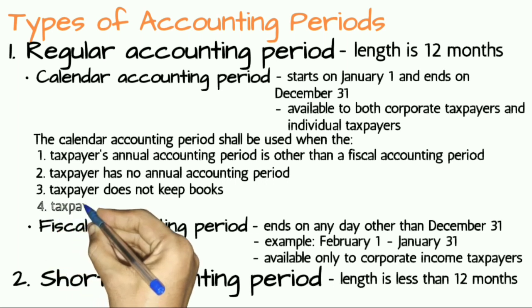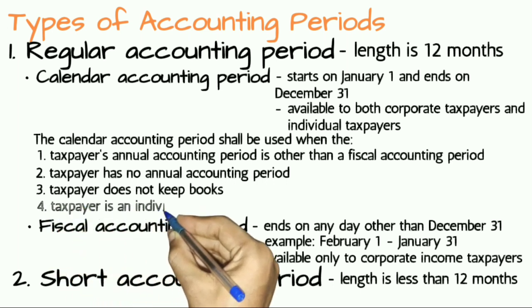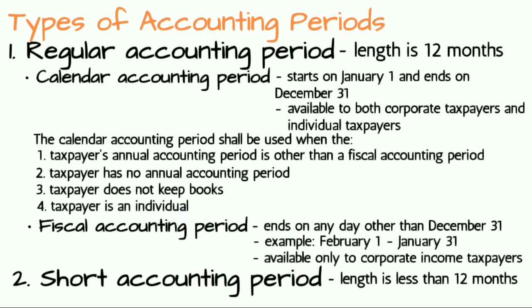And fourth, the taxpayer is an individual. Hindi kasi pwedeng gumamit ng fiscal accounting period ang isang individual income taxpayer. Ang fiscal accounting period ay available sa corporate income taxpayers only.